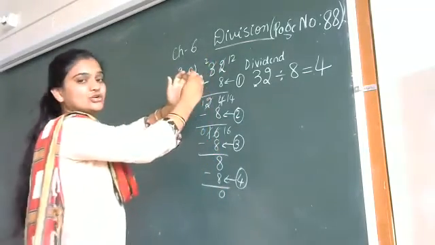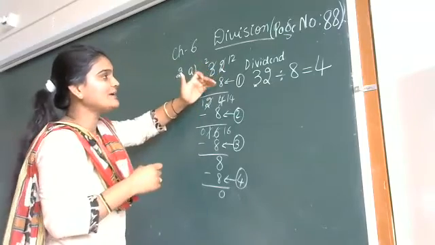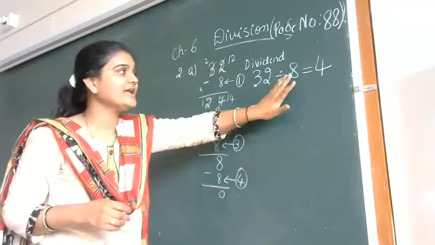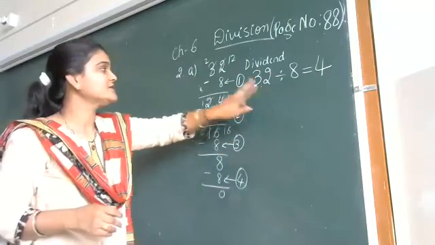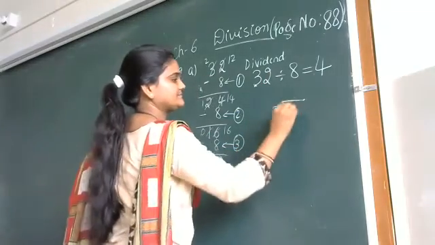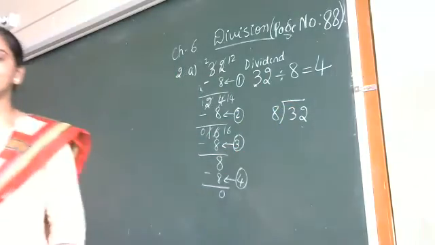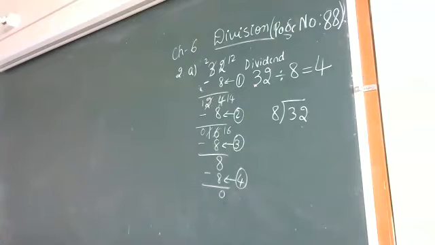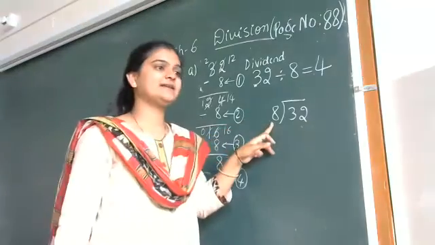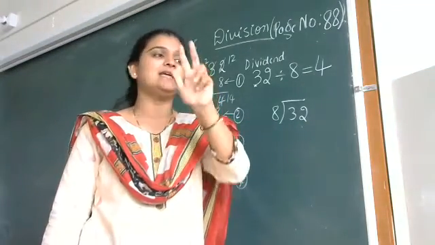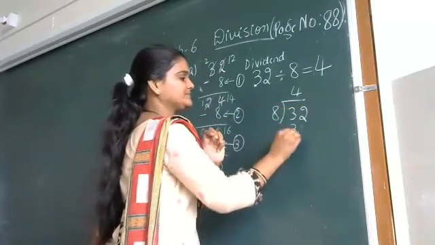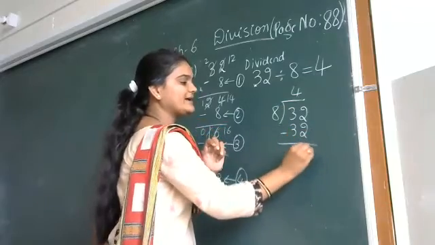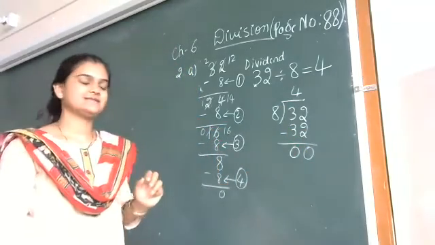We have 32 in total, and 32 has to be divided by 8. 8 how much are 32? 8 fours are 32. In the 8 table, when do you get 32? 8 ones are 8, 8 twos are 16, 8 threes are 24, 8 fours are 32. What will be the remainder? 0.